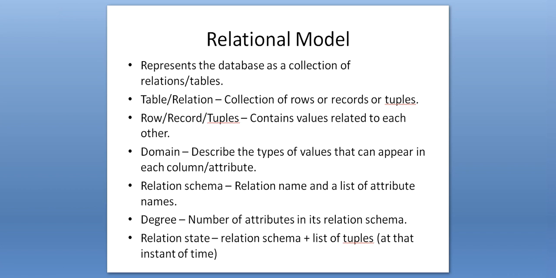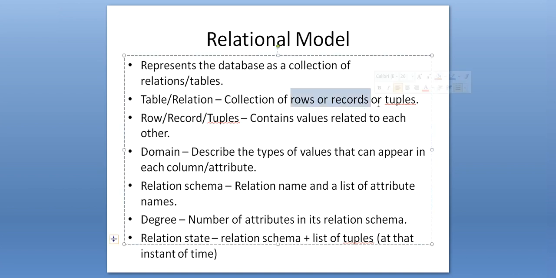The ER model represents the entities and the relationships between the entities, isn't it? So a relation can be used to represent an entity type, or a relationship type. And then what is this table or relation? It is a collection of rows or records or tuples. Again, we are not going to use the terms rows and records.